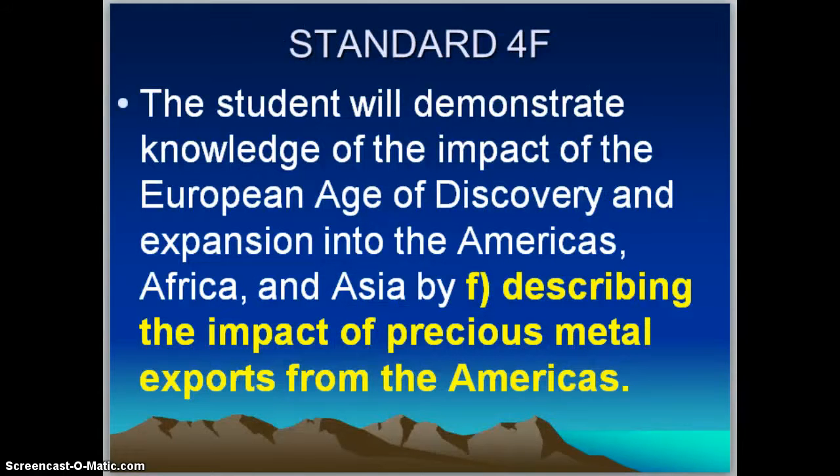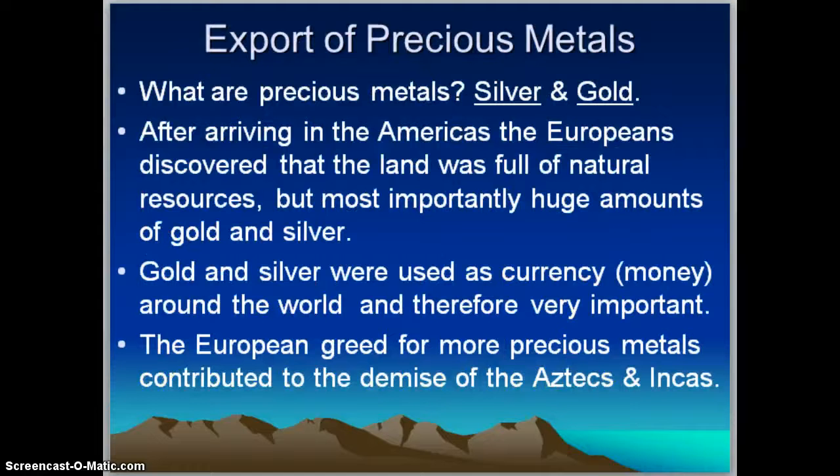All right, standard 4F. You will be able to describe the impact of precious metal exports from the Americas. So, export of precious metals. What are precious metals? That is silver and gold. Those are very precious.